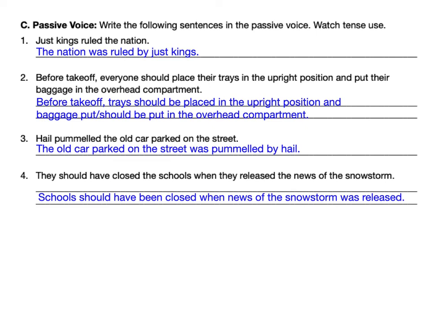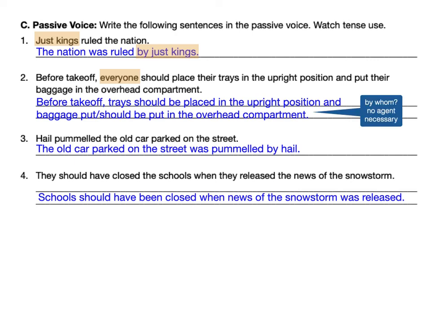Let's go back to number 1 for a moment. Just kings is the subject, and so it becomes the agent in the passive form. In number 2, the subject is everyone. However, when we wrote the sentence in the passive form, we did not include an agent.